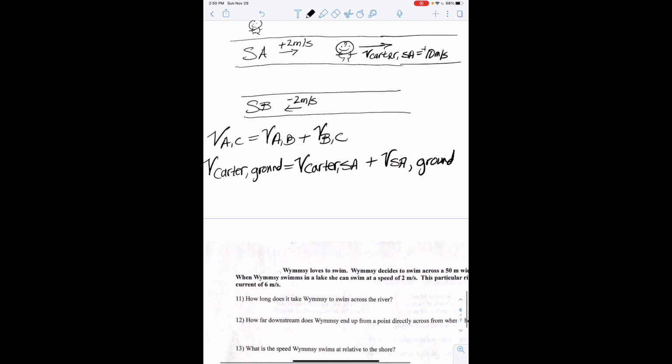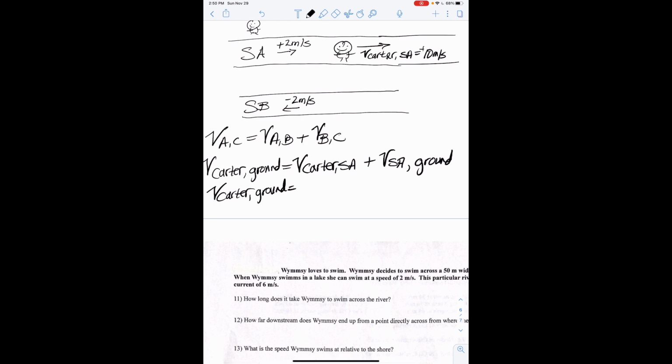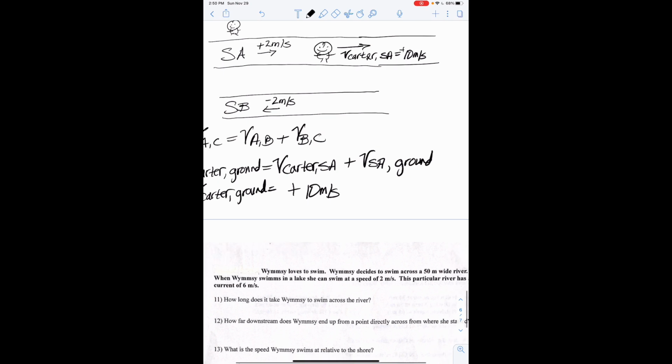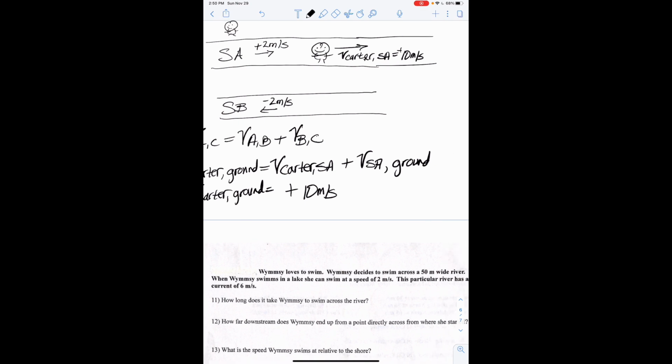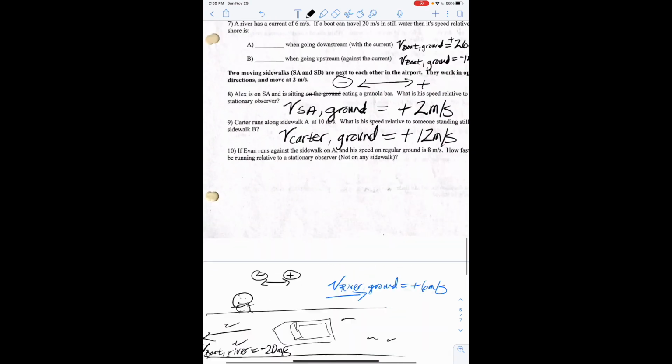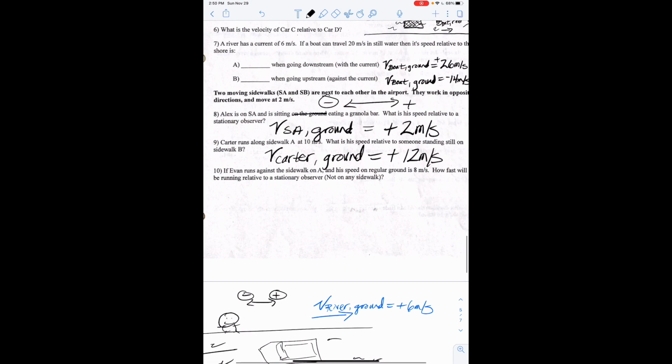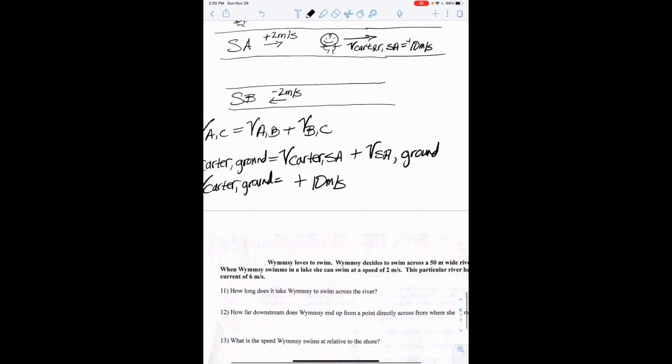So V Carter relative to the ground is equal to Carter relative to sidewalk A. Carter's going to be doing his positive 10, right? And sidewalk A relative to the ground, which is what we found in the first part. I think that was number 8, the 2 meters per second in the positive direction.